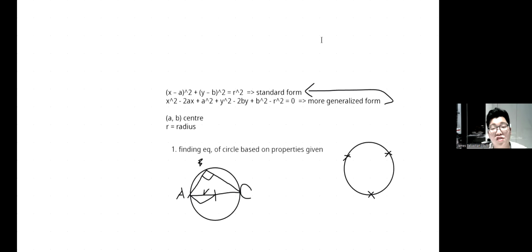In a sense, there's two ways. Number 1 is that you substitute each of the x and y into the standard form, and this will leave you with a set of 3 simultaneous equations in terms of a, b, and r.